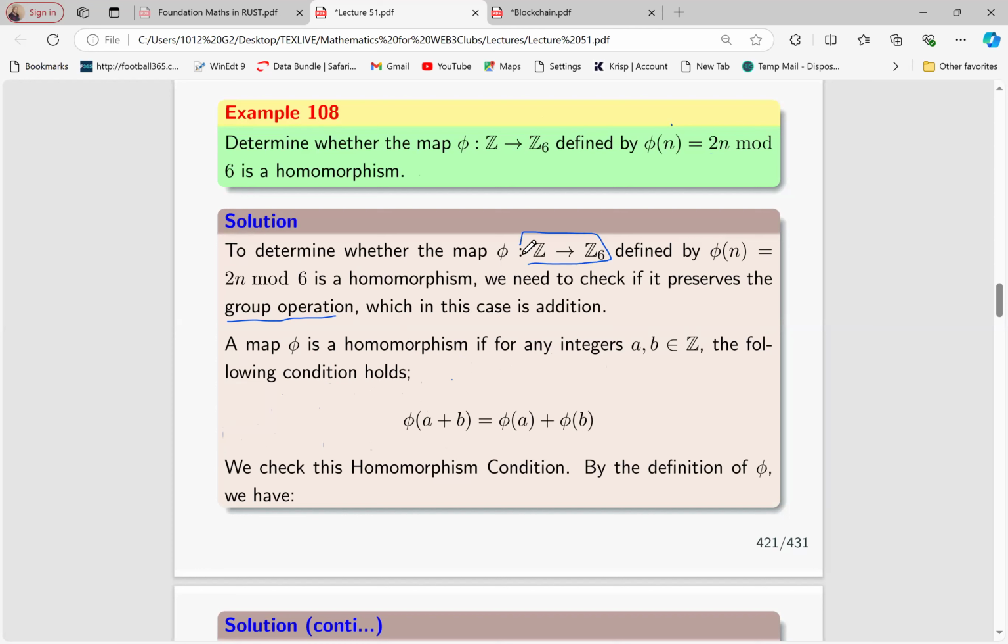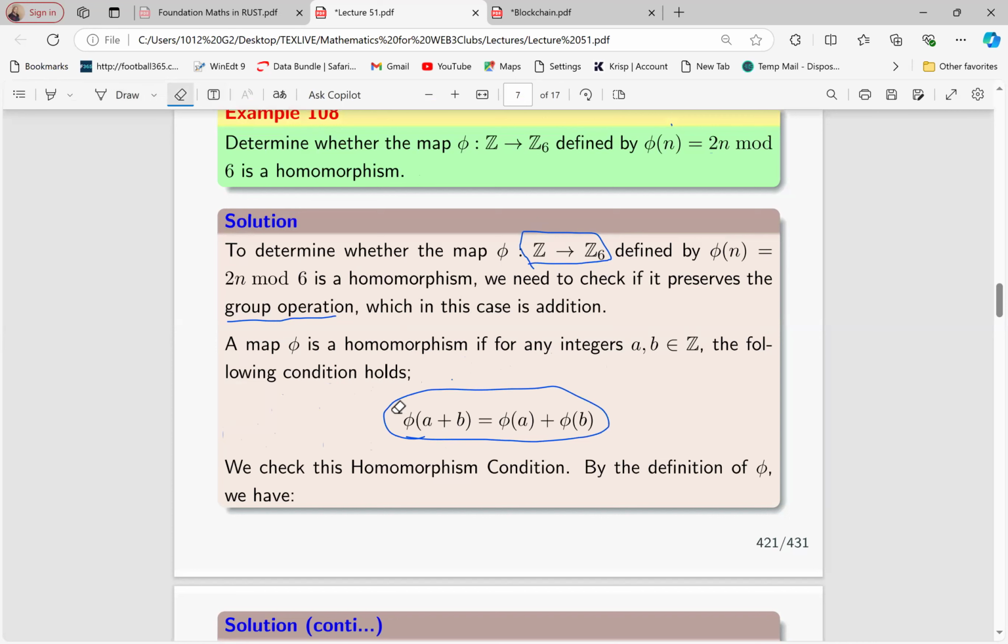All these groups are additive groups. This is the definition of a group homomorphism. So we'll check the left-hand side and see whether it equals the right-hand side.